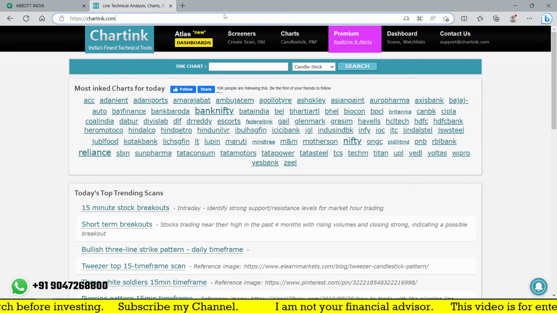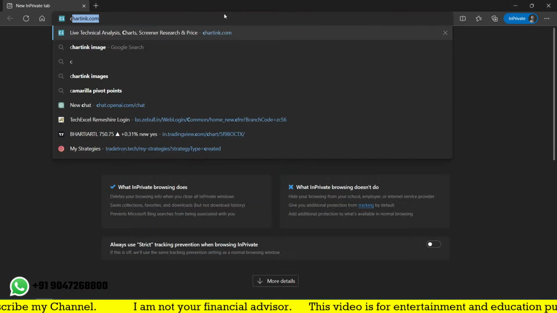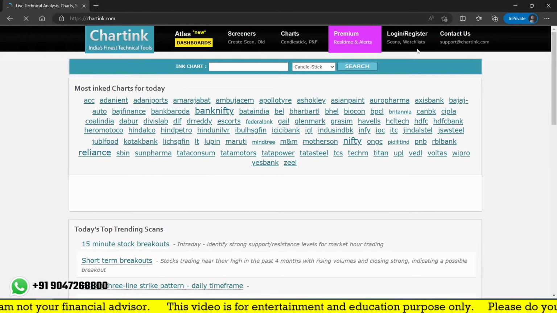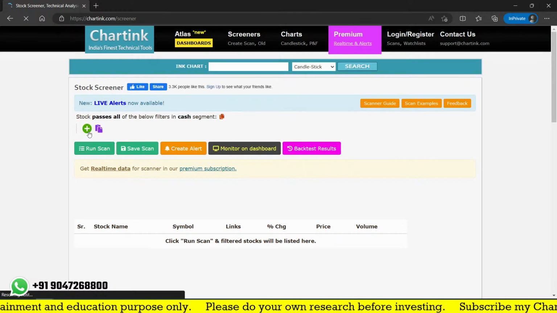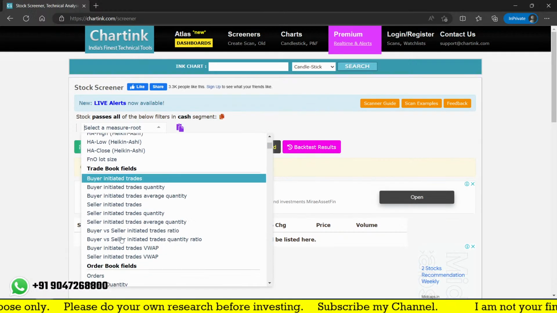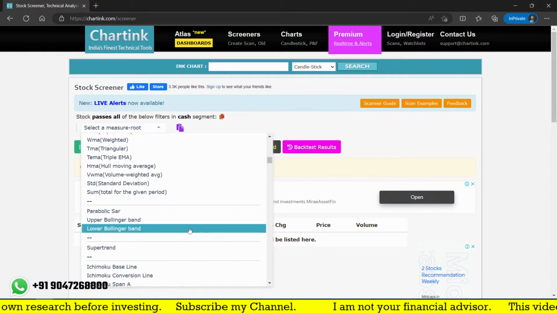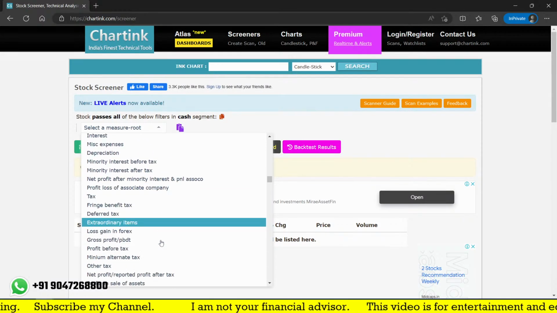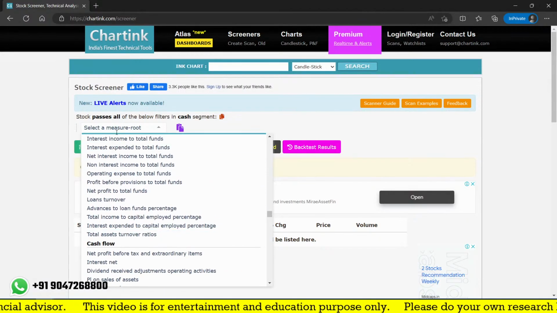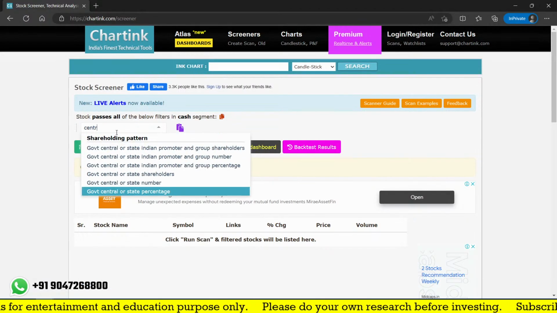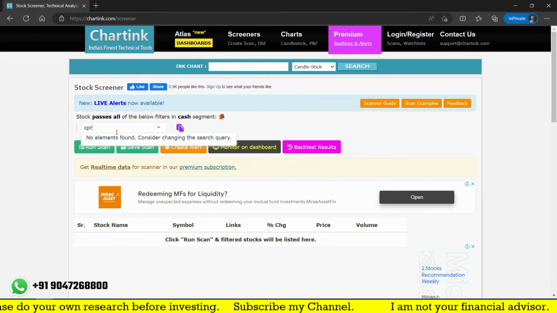If I open a new window, Chartink, whether you are logged in or not logged in, no problem. If you take the conditions, you may not get CPR. Even if you try central pivot range, you are not getting it, or even CPR, you are not getting any element.